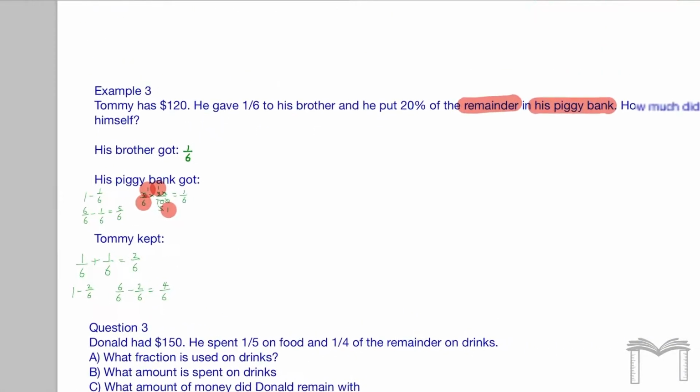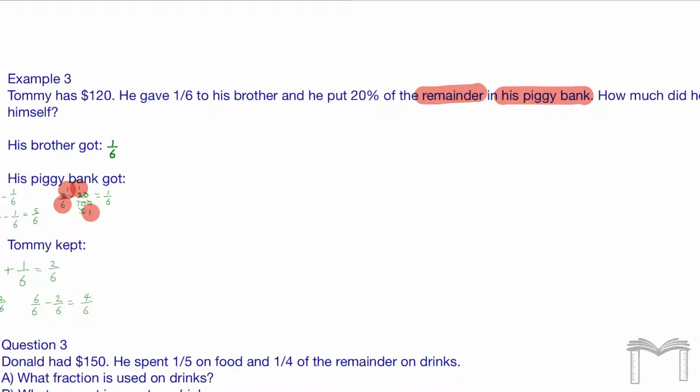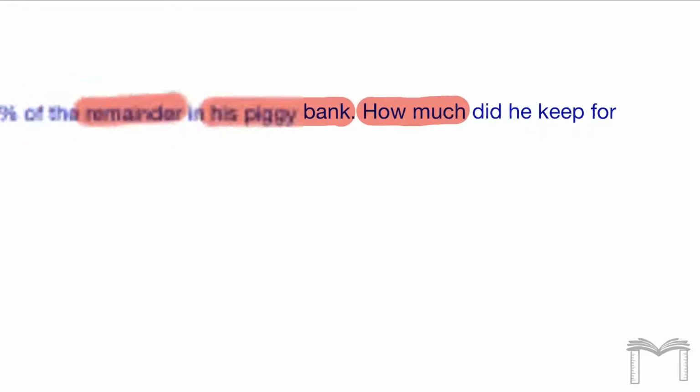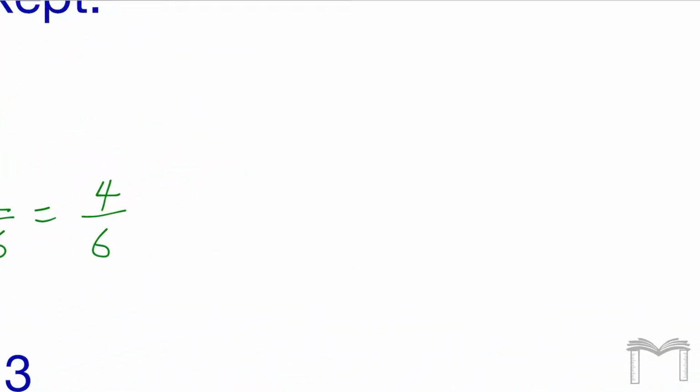So Tommy keeps a fraction of 4/6 for himself, but they're asking us how much, and this speaks about an amount, not a fraction. Okay, so 4/6, we can simplify this by saying 2 into 4 is 2, 2 into 6 is 3.